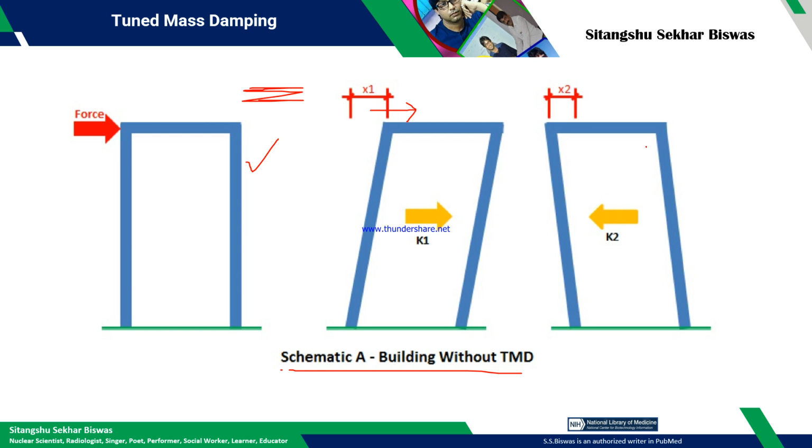Then, based on the damping, it will come back. It will go in this direction, with displacement x2 from its equilibrium, and slowly x2 will be less than x1, then x3 will be less than x2, and so on.